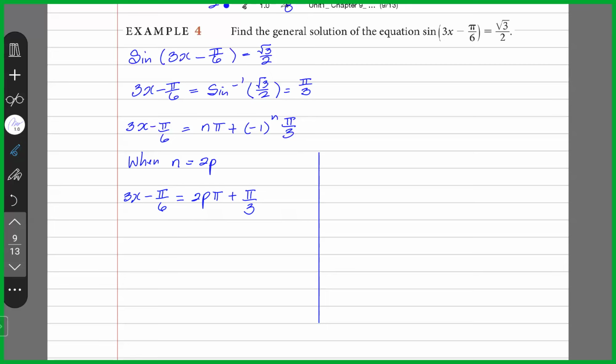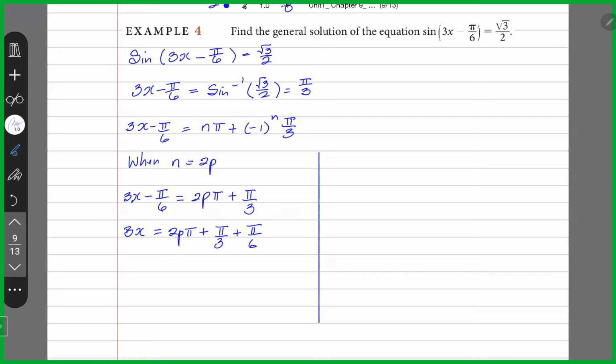So 3x would be equal to 2p pi plus pi by 3 plus pi by 6. Negative pi by 6 on the left goes over to the right and becomes positive.